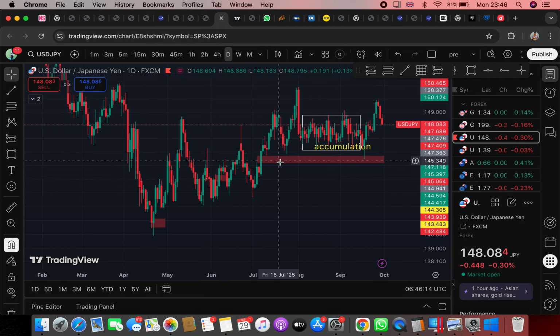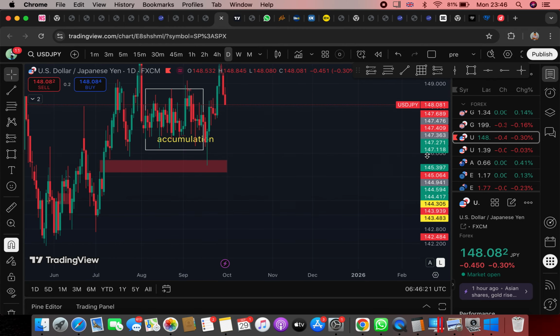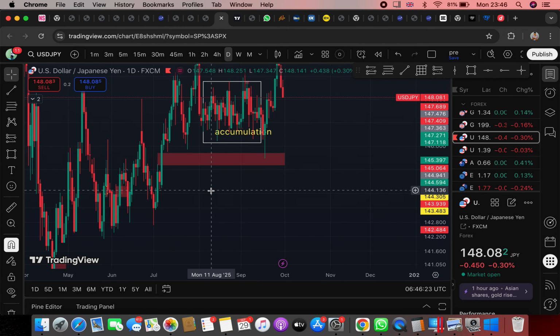So that was why I used a fair value gap and an order block as an example here, so that you can know that whenever the market is manipulating, you should be vigilant enough to observe the area the market is coming from. If it's in an uptrend, just be expecting the market to manipulate towards the downside first before distributing towards the upside.